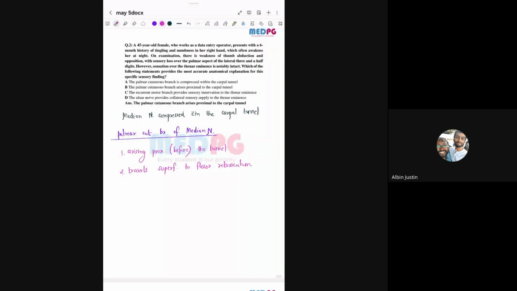Carpal tunnel syndrome, you always know what median nerve entrapment is, what happens, what muscles are supplied by the median nerve. All these questions we discussed, isn't it? Now we are moving one step ahead. They are asking what are the contents of the flexor retinaculum.